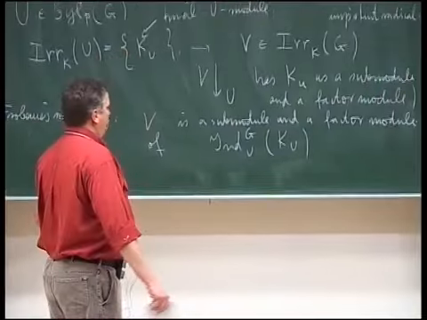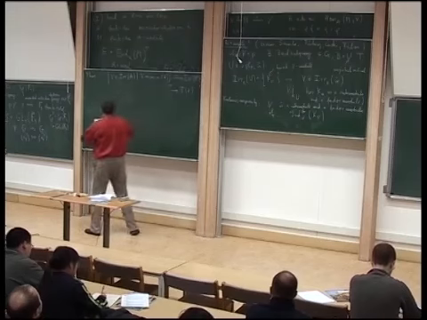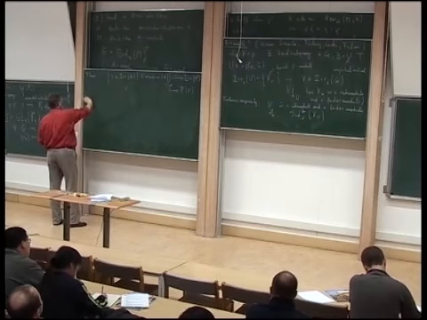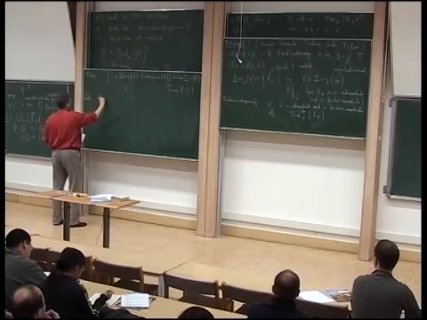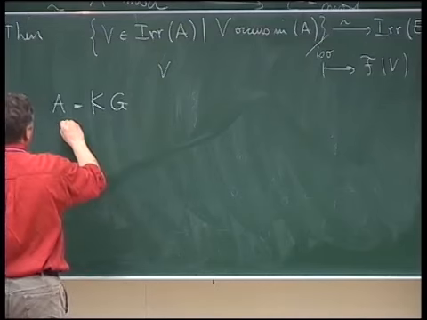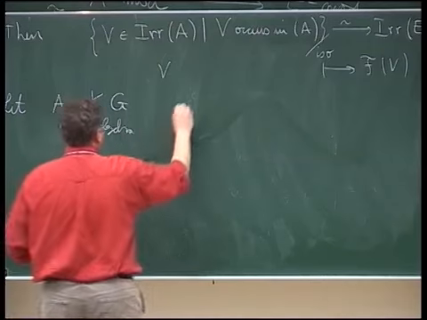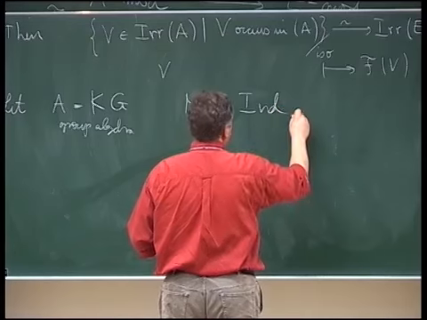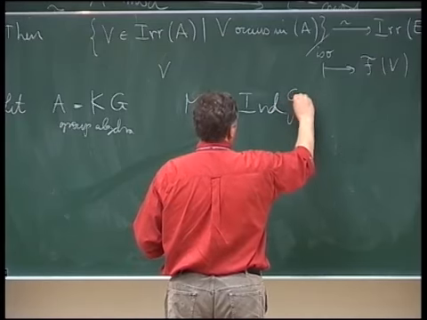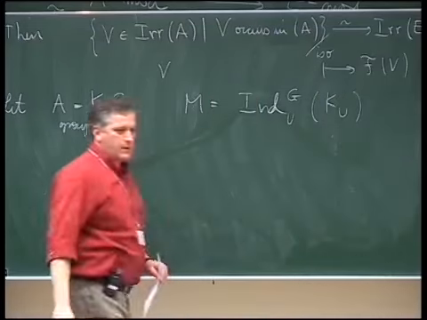So this motivates us to see what happens if we take M to be, so to place ourselves in this setting. So let A be the group algebra of G and M this induced representation.